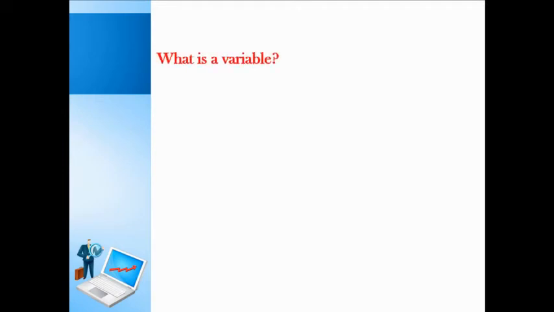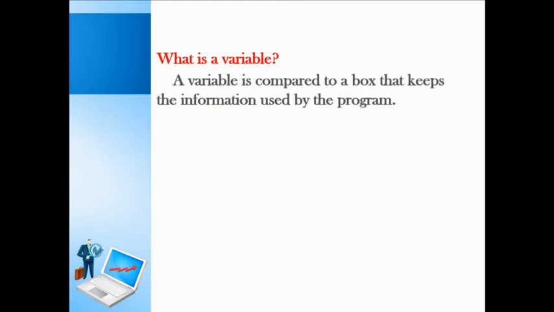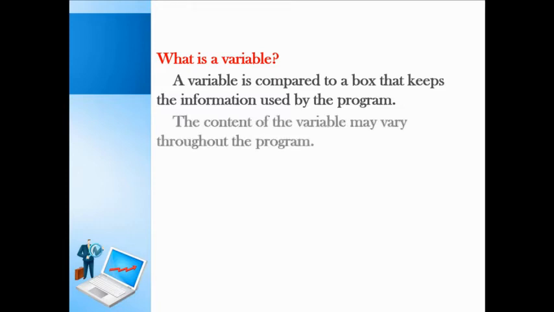Now, let's have a recap about variable. So, what is a variable? When we say variable, again, it is compared to a box that keeps the information used by the program. The content of the variable may vary throughout the program.